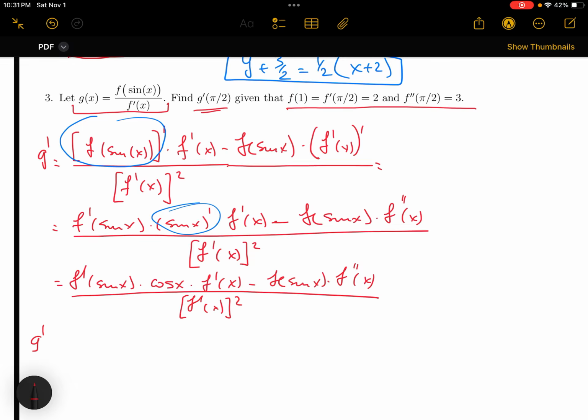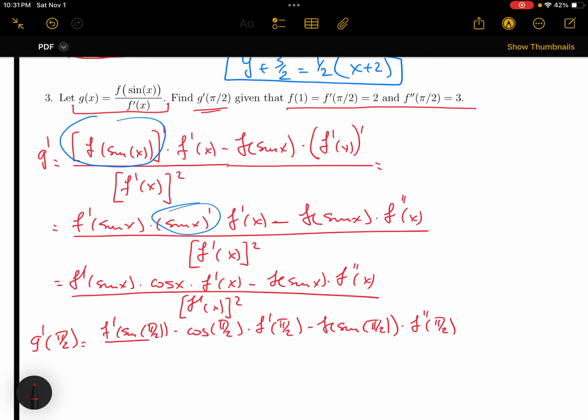And now I have to find how much is g prime evaluated at pi over 2. That's f prime at sine pi over 2 times cosine of pi over 2 times f prime at pi over 2 minus f of sine of pi over 2 times f double prime of pi over 2, over f prime of pi over 2 squared.